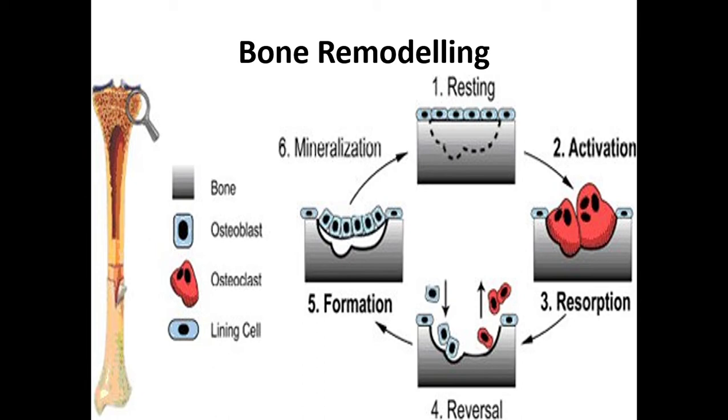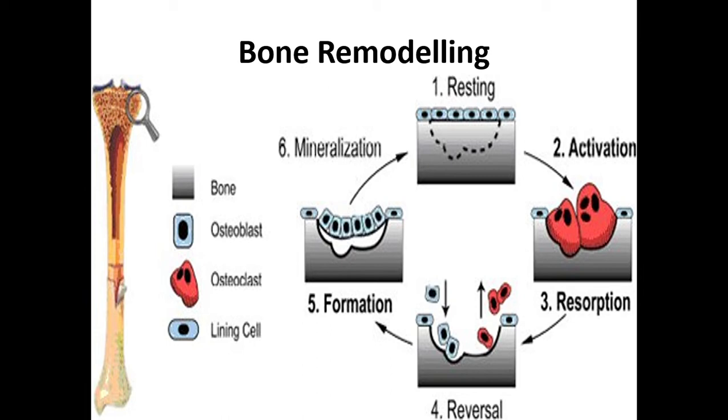After resorption, the osteoclast will revert back to the osteoblast formation. So there is reversal, and the osteoblast will be formed to become young bone cells, and there is bone deposition.